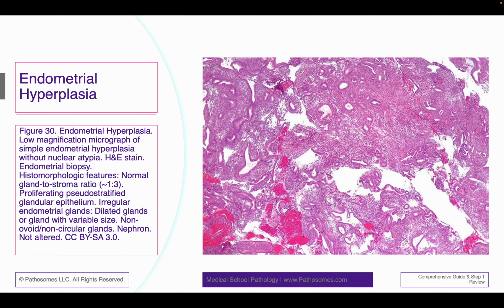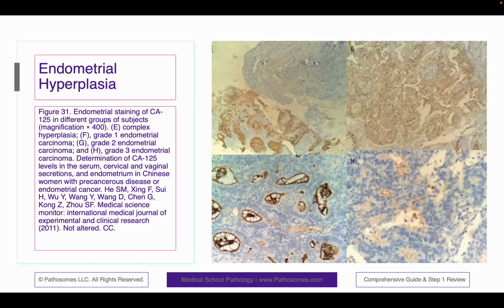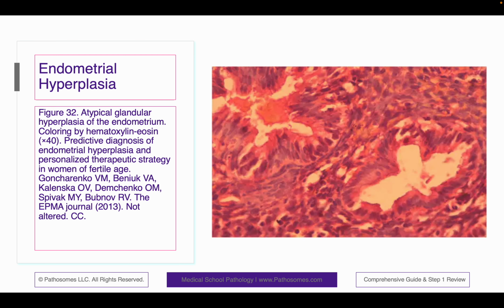Note the normal gland to stromal ratio, right, about 1:3, and the proliferating pseudostratified glandular epithelium. And here we have various micrographs showcasing endometrial hyperplasia of various grades. And here we have atypical glandular hyperplasia of the endometrium.